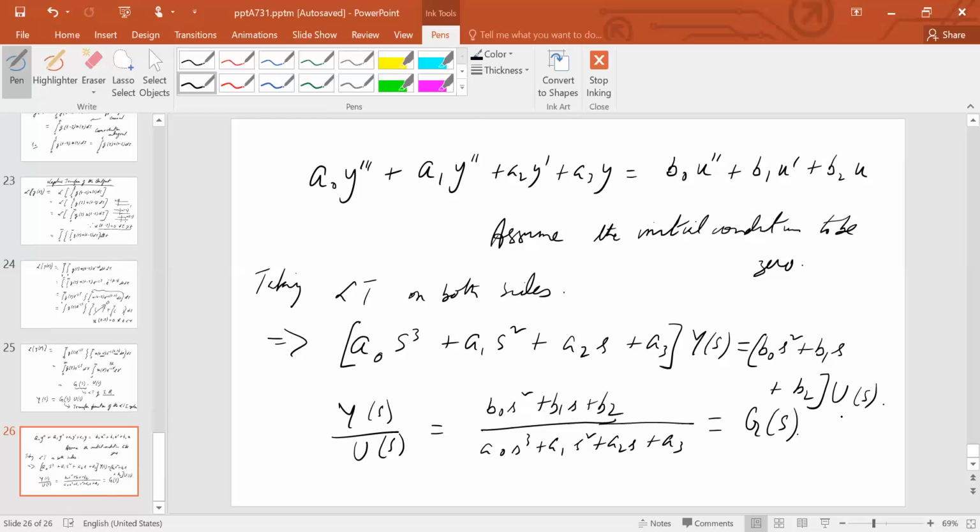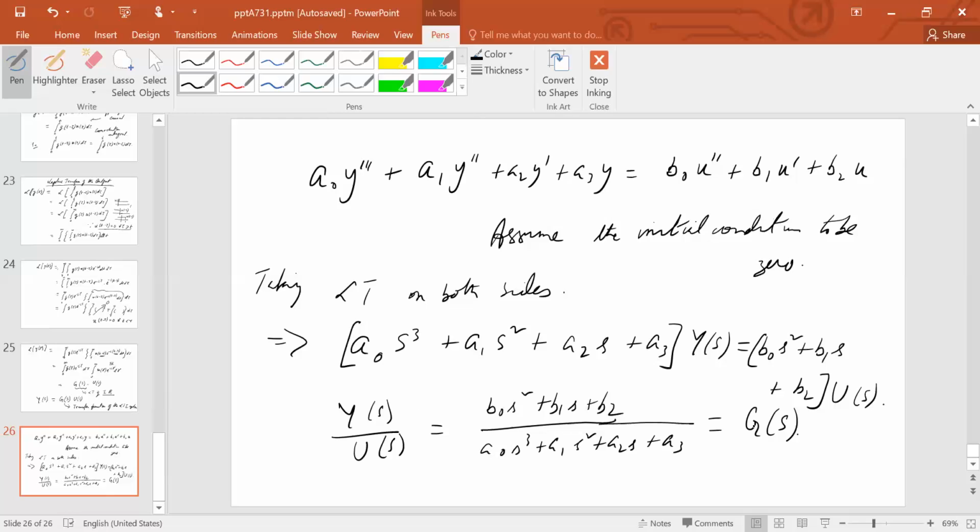U(s) is nothing but unity by definition, right? I urge you to revisit that slide so you know that the Laplace transform of the impulse is indeed unity. So therefore this becomes unity. So then what is your output? This y then becomes the impulse response, right?